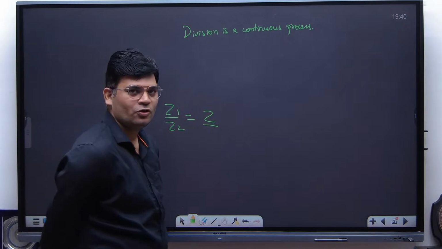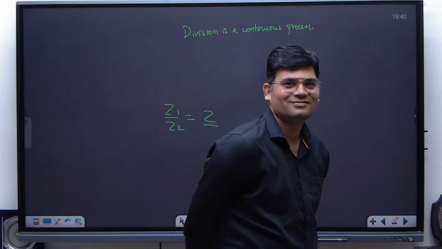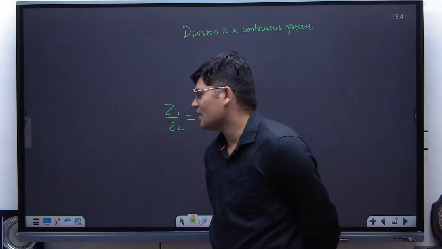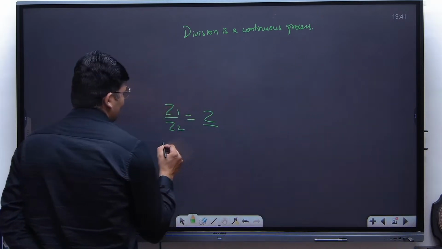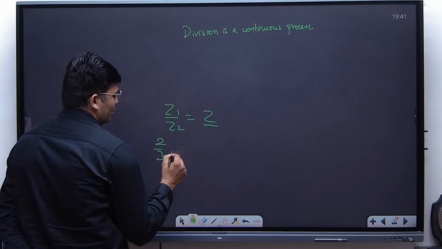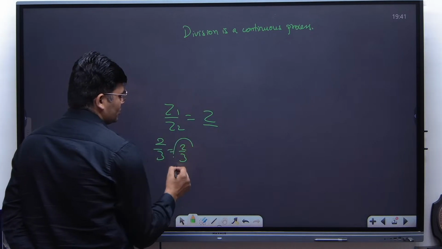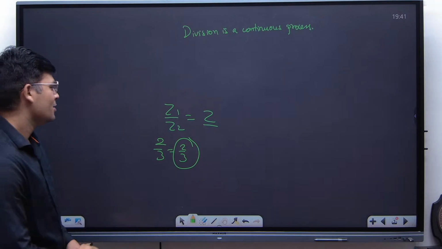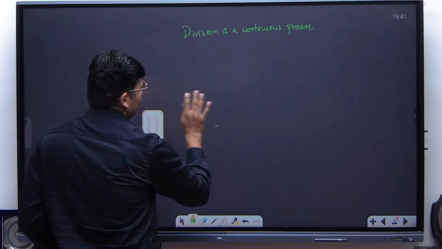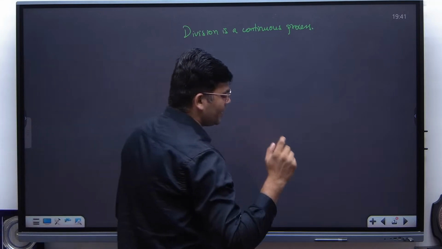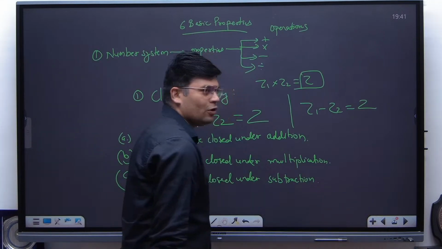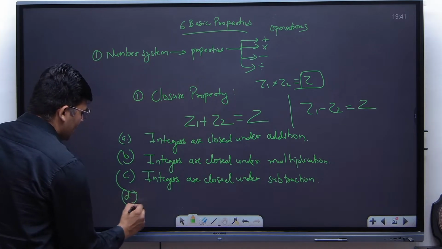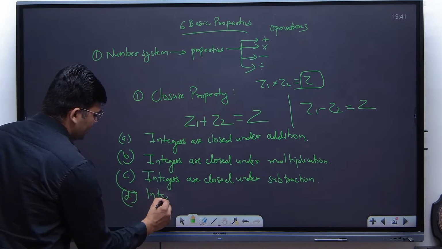No, you can't. Because if I divide 2 by 3, I am getting 2 over 3. This is not an integer. This is a fraction. So whatever is valid in subtraction is not valid for division. So we will say that integers are not closed under division.